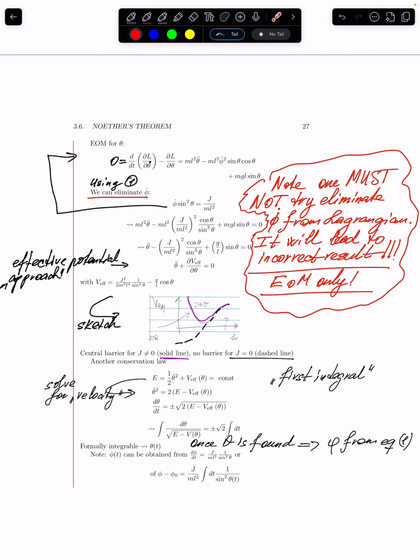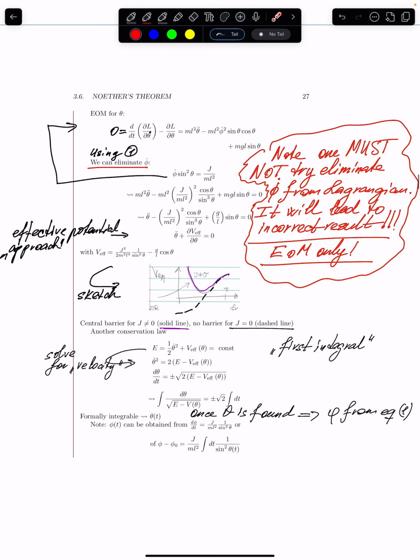All right. So from here I can find theta dot squared. It will be 2 times E minus V effective as a function of theta, and after this we can take the square root and finally integrate with respect to time. While we're taking the square root, let's consider this combination over here.